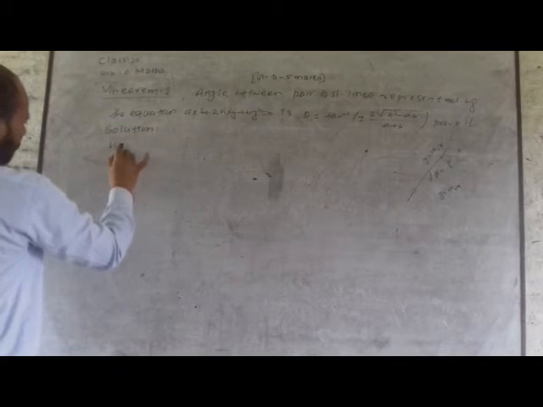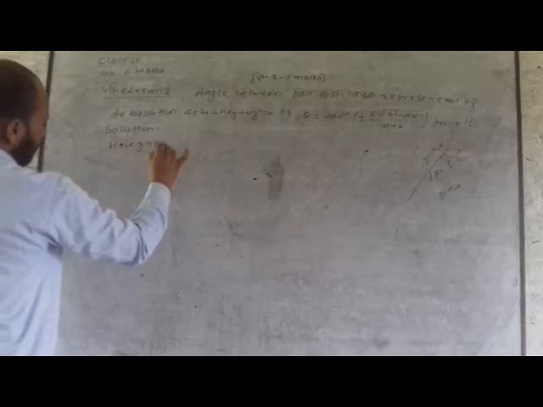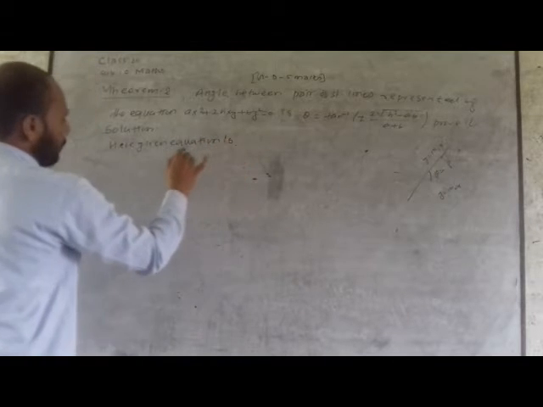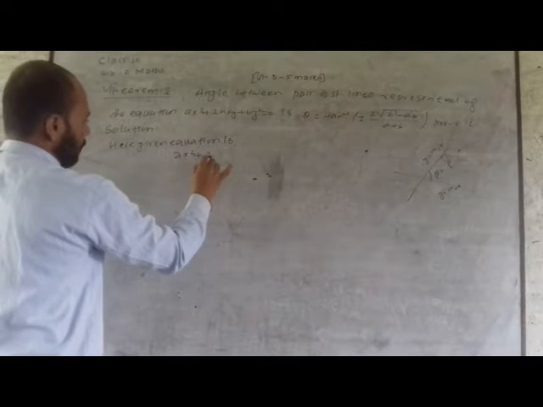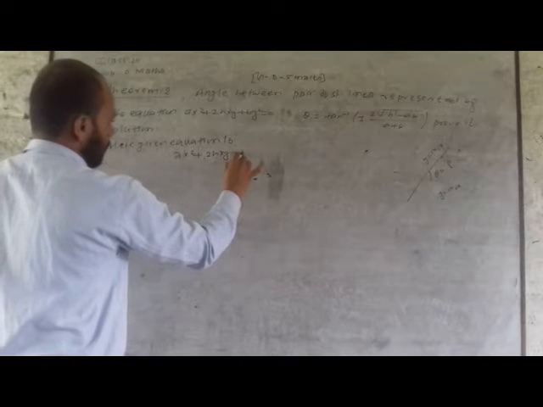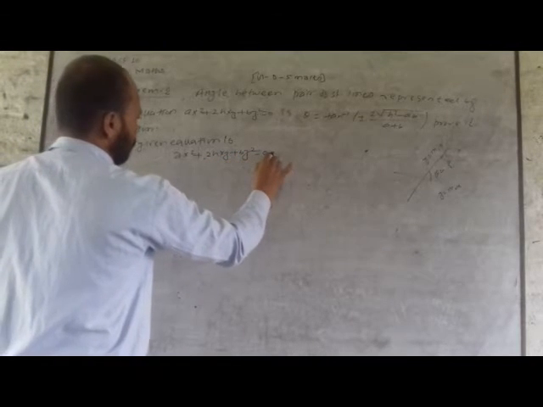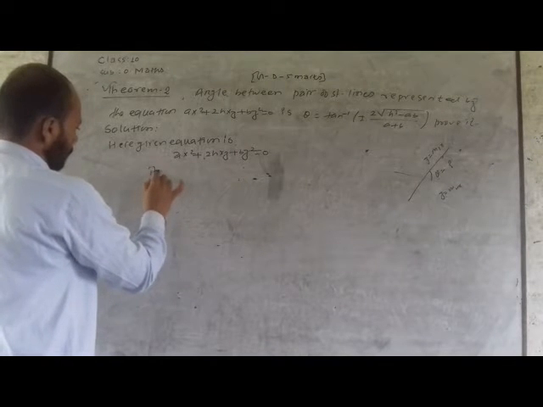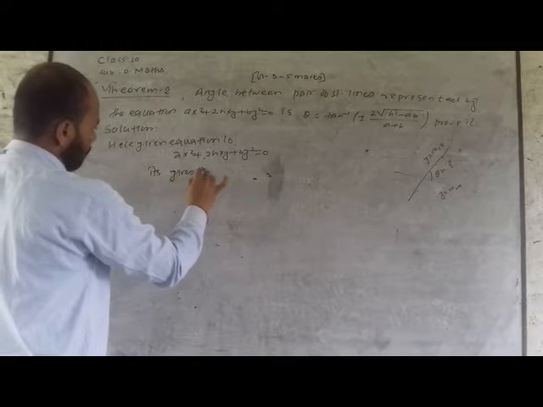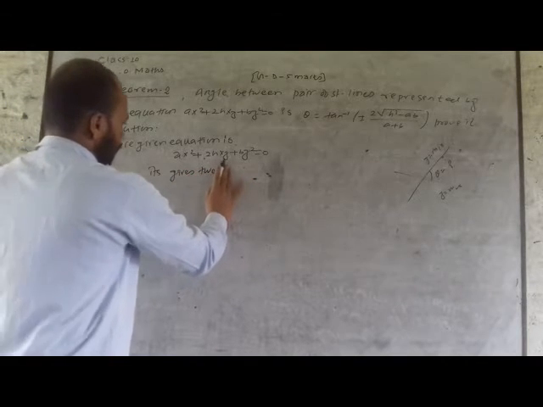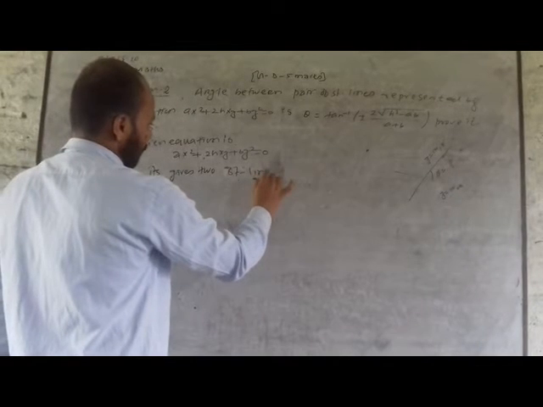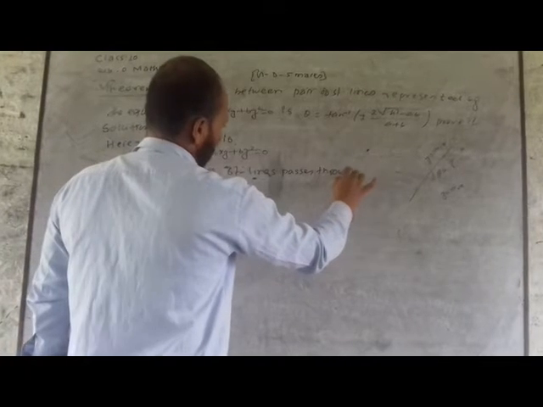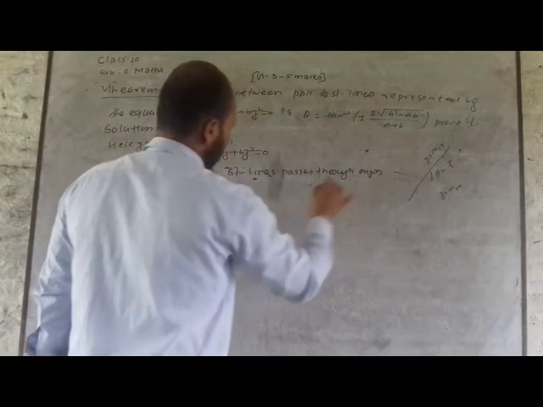Solution. Here the given equation is ax square plus 2hxy plus by square is equal to 0. Okay, and it gives two straight lines passing through the origin.